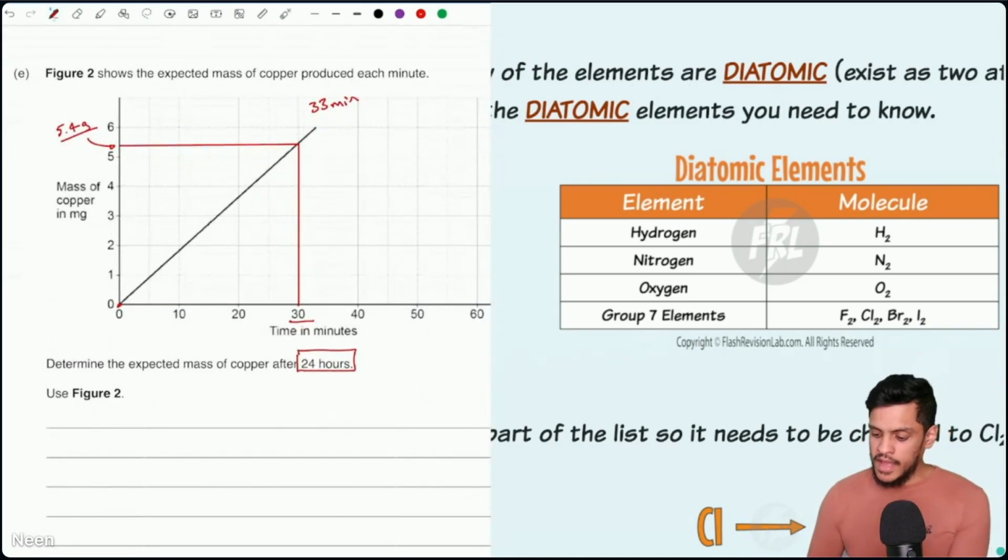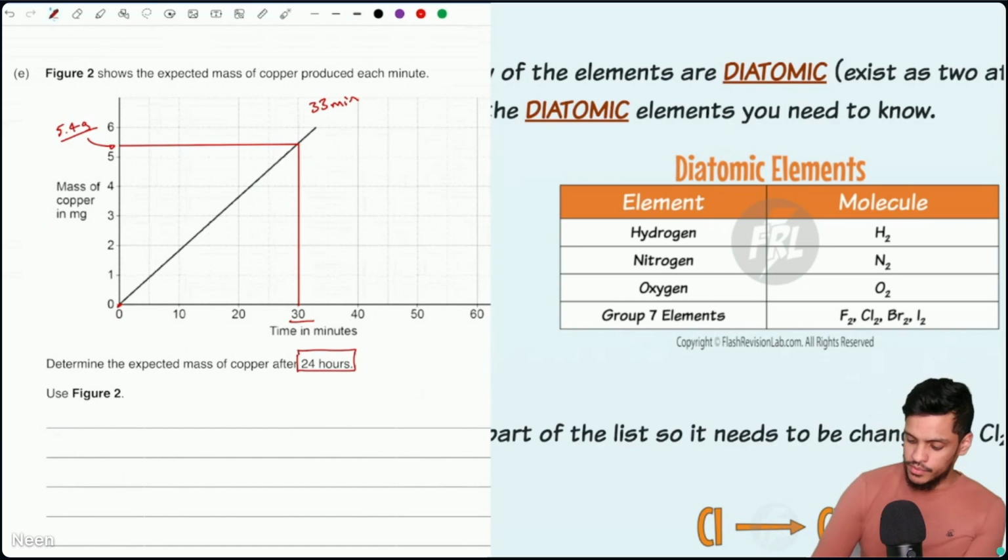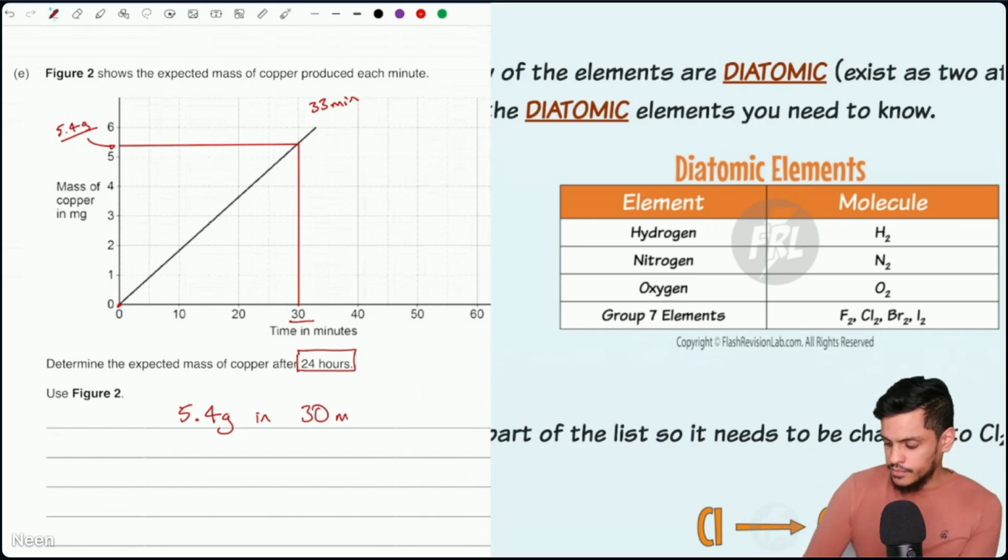We want to work out how much it will form after 24 hours. So how many 30 minutes are there in 24 hours? What would we need to do? You could work out how many grams it is in 1 hour, which is 60 minutes, and then work out how much it is in 24 hours.